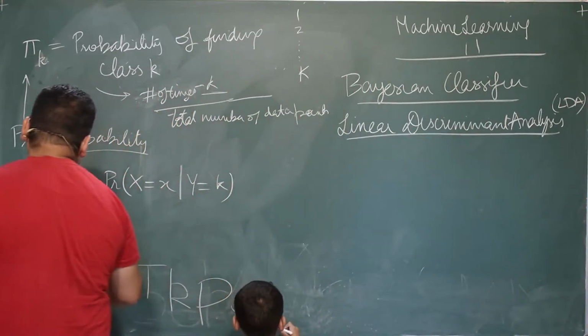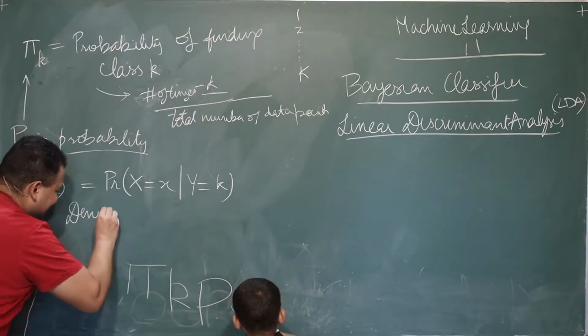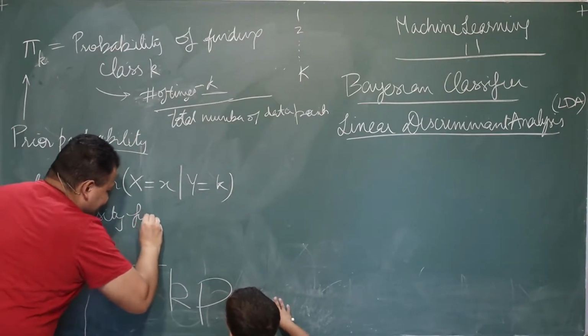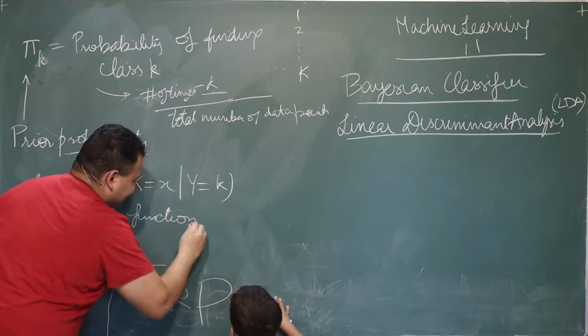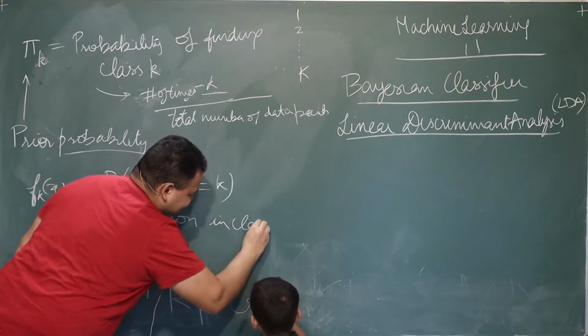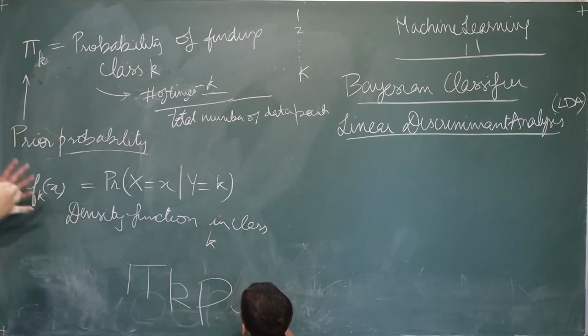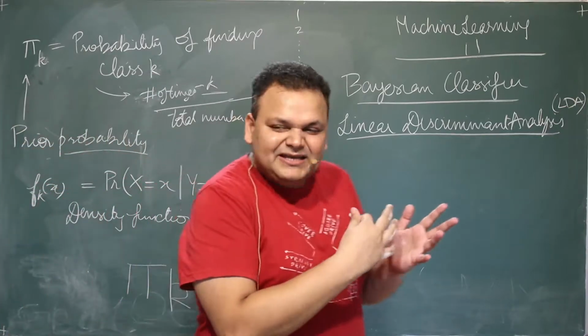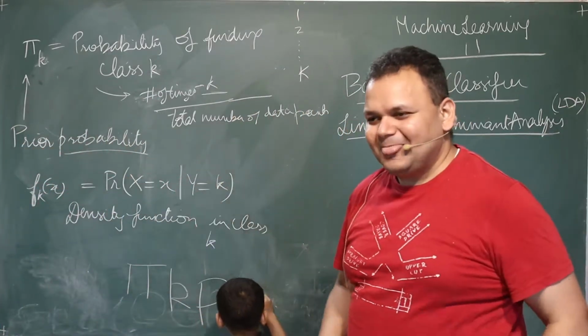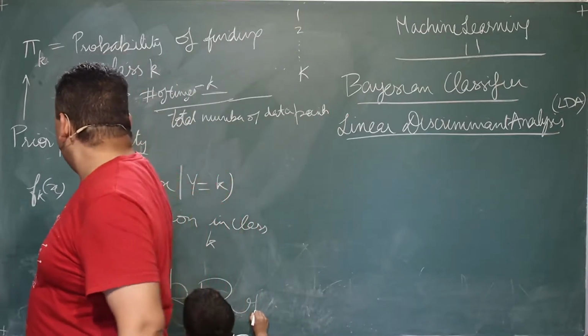So this is your density function, the density function in class k. For a particular class k, how is your input distributed?